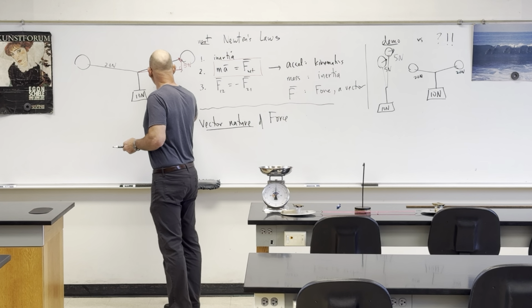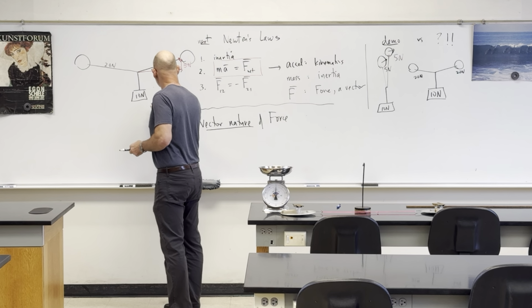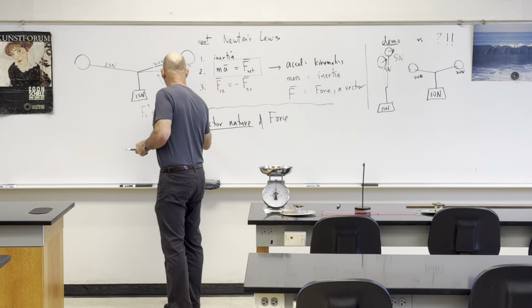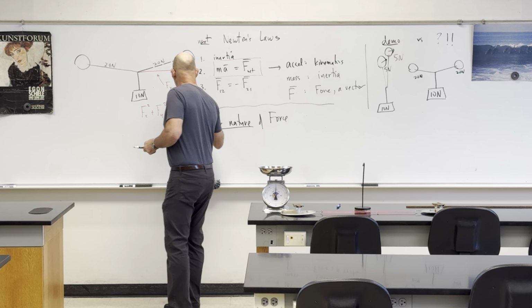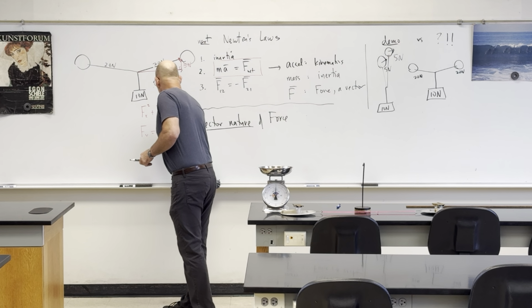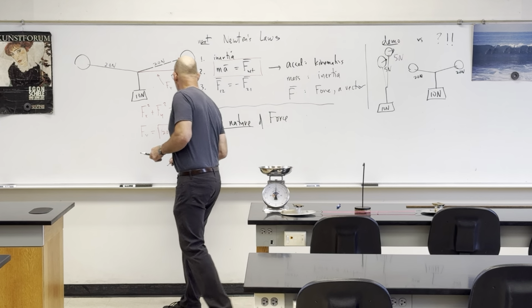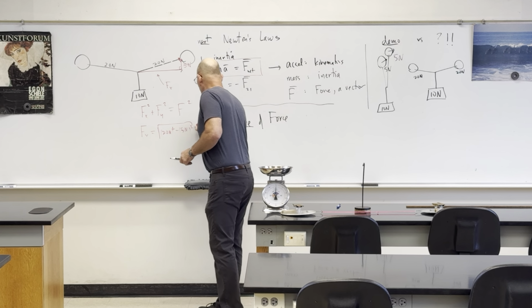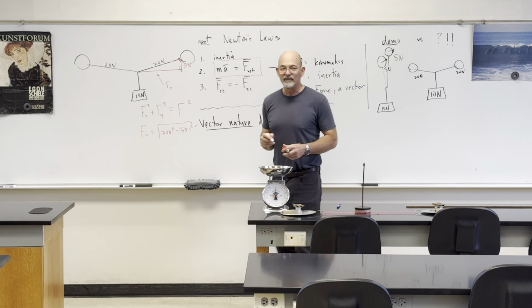So if that was 20, and I'm going to call this Fx, I would have Fx squared plus Fy squared equals F magnitude squared. And since Fx was the unknown one here, I'd have Fx would be root of 20 Newtons squared minus 5 Newtons squared, and so forth. So that's what it means to have forces being vectors.